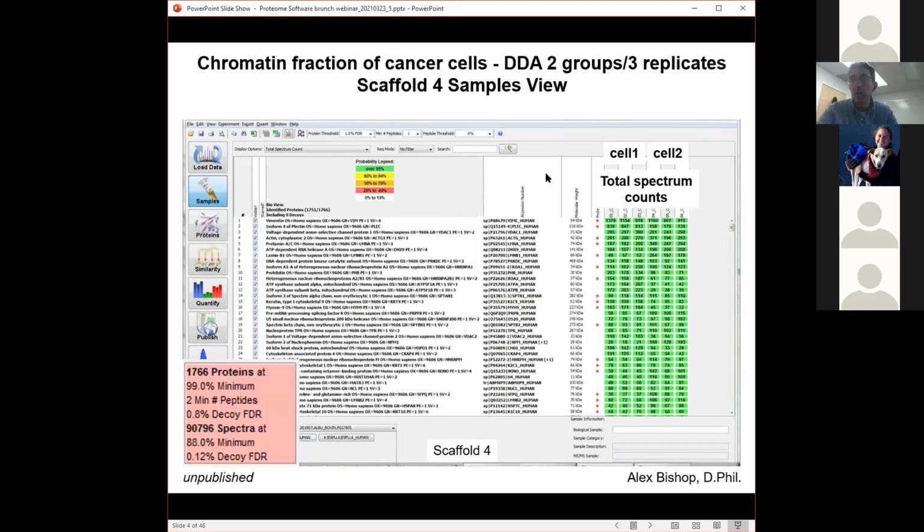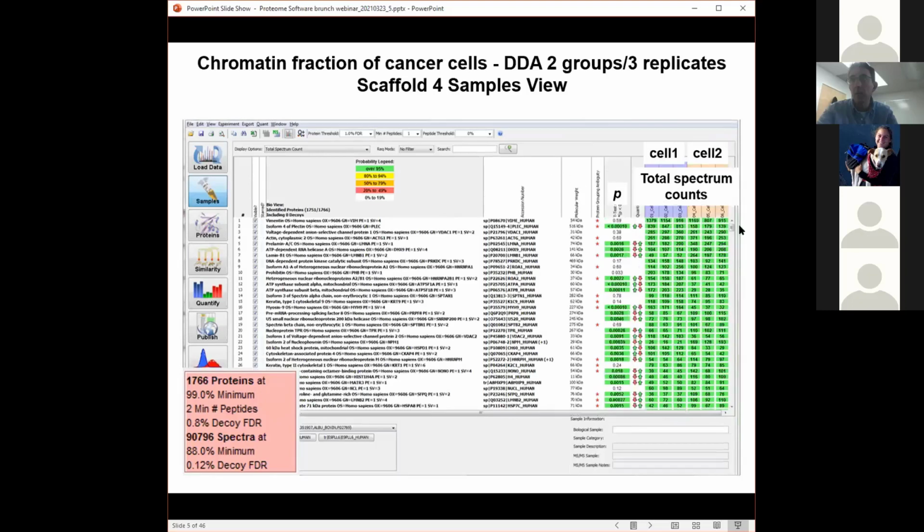Showing in regular Scaffold 4 samples view the total spectrum counts. You can do a t-test as shown here. And the green is representing statistically significant with multiple testing correction. You can notice in the pink area, there were 1,766 proteins identified.